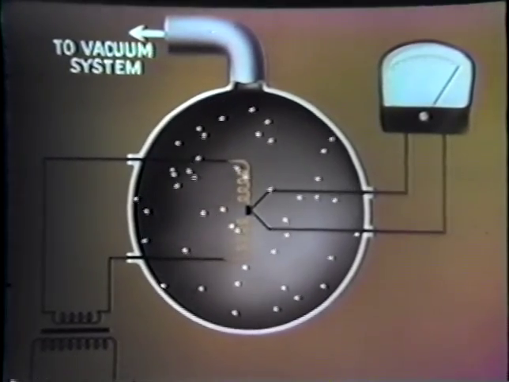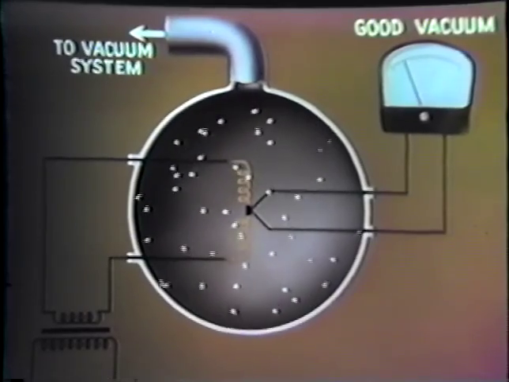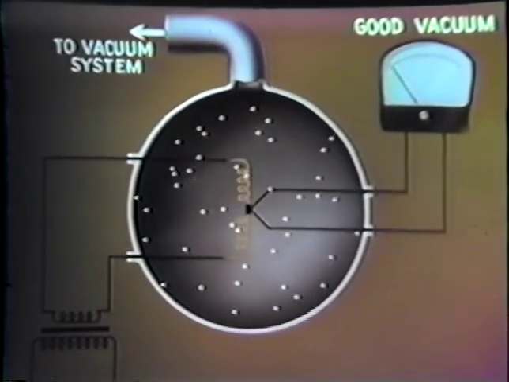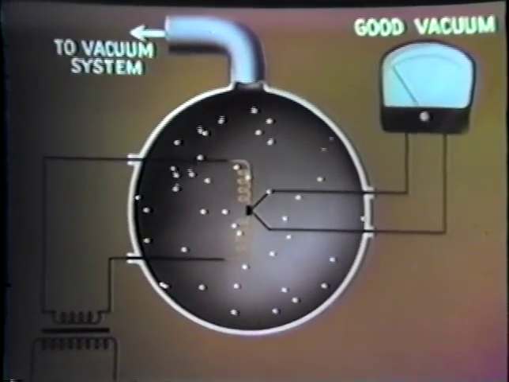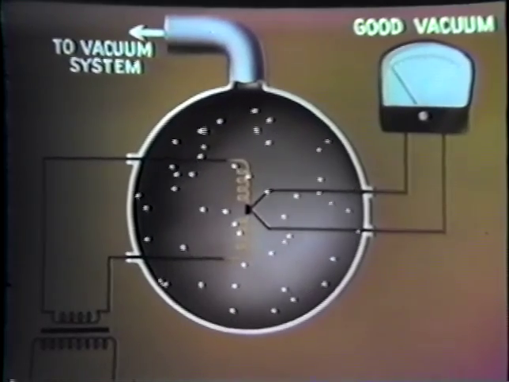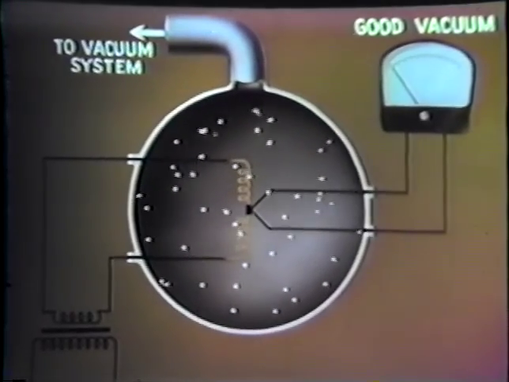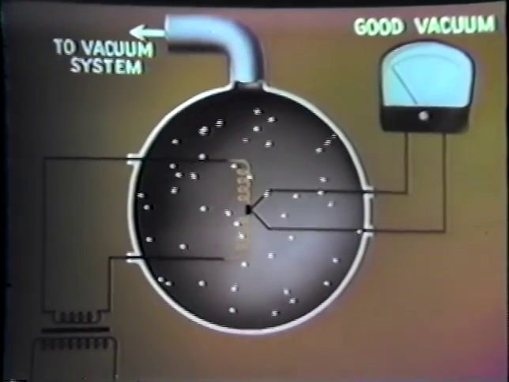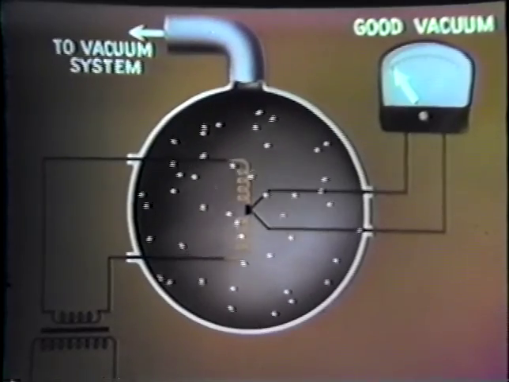If the pressure is low and a good vacuum is present, there will be few air molecules present and relatively few molecular collisions with the wire. The wire temperature, therefore, will be high, since little of the heat is extracted by molecular collision. Consequently, the meter will show good vacuum.